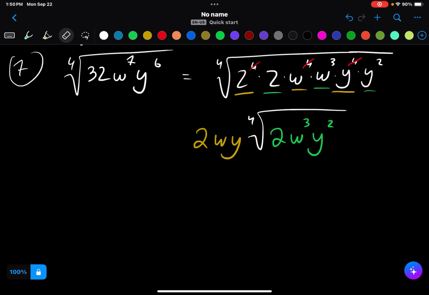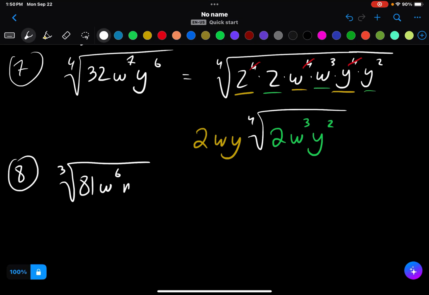Let's do number 8. So you have a power 3 radical with 81, w to the 6th, m to the 7th. And again, let's try to do a partial cancellation. 81 can be written as 9 times 9, but also it can be written as 3 times 27.